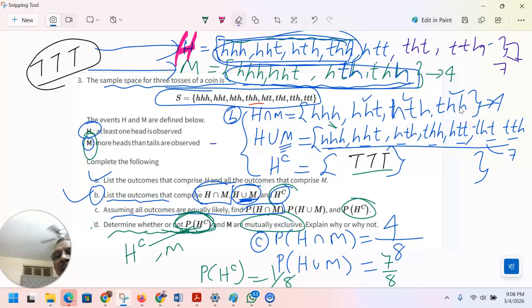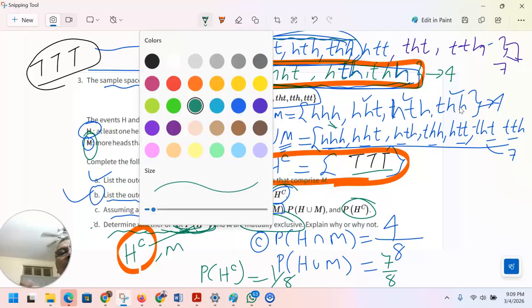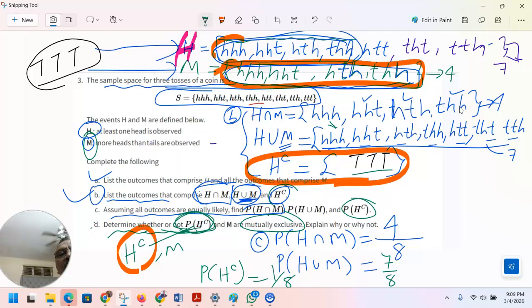Okay, too much stuff here. Do you see anything common in H complement? Now H complement is this, and M is here. If you see this, do you see anything common here? We can see there's nothing common here. This is separate.